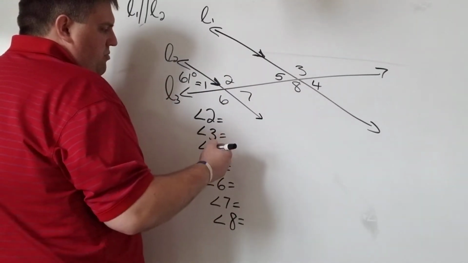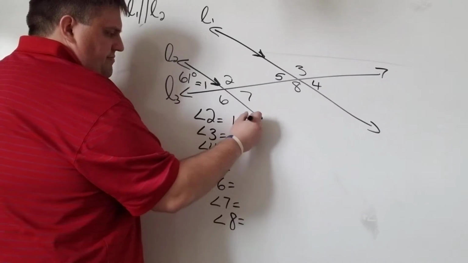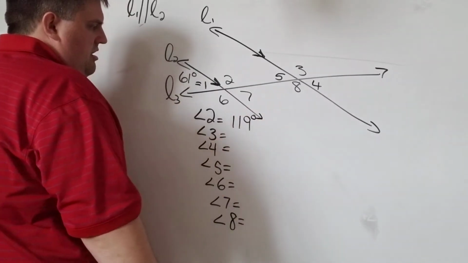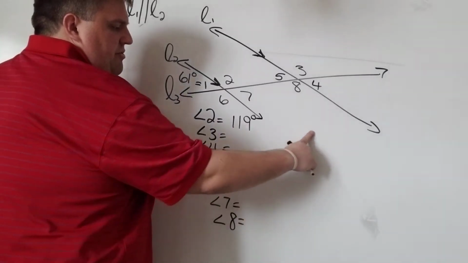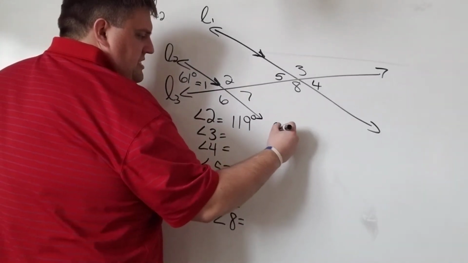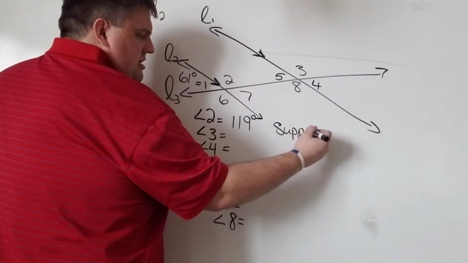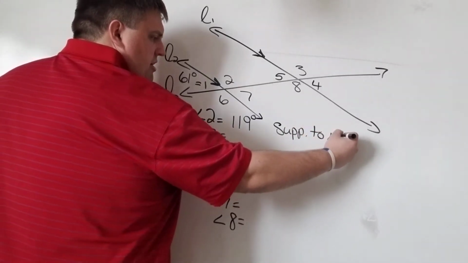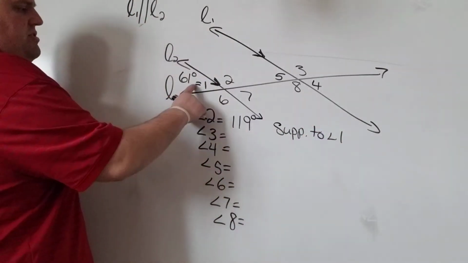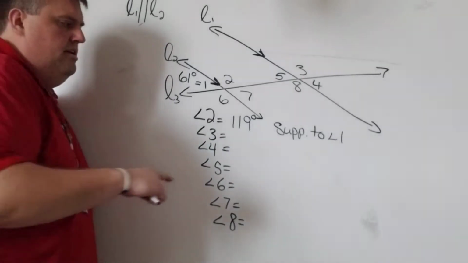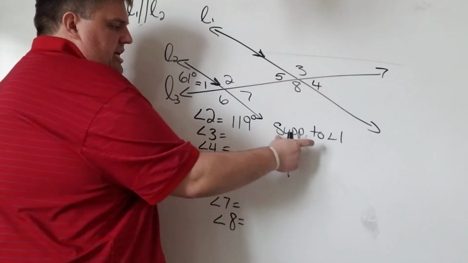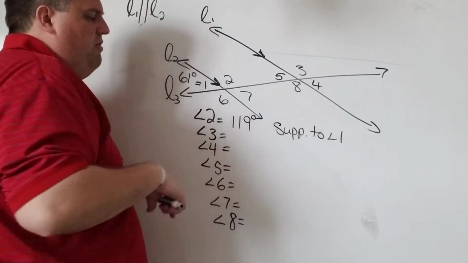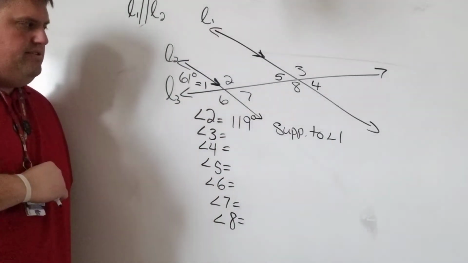So that looks like 119, because 119 plus 61 is 180. And so the reason we would say is because it's supplementary to angle 1. We're going to use the angle they gave us to find angle 2. It's supplementary to angle 1, so therefore it has to be 119 degrees.